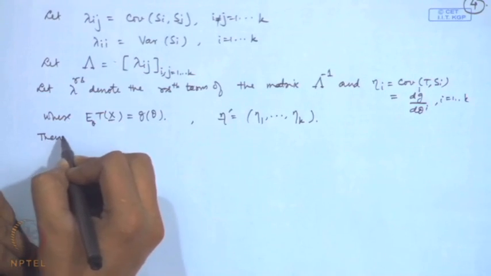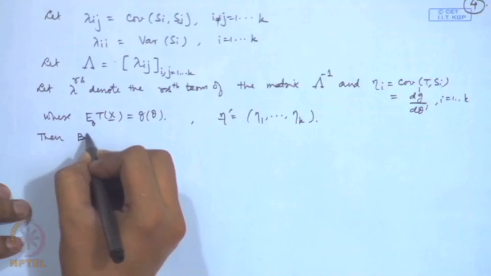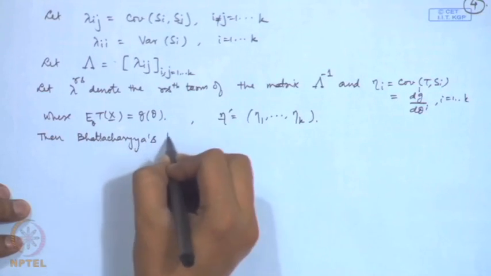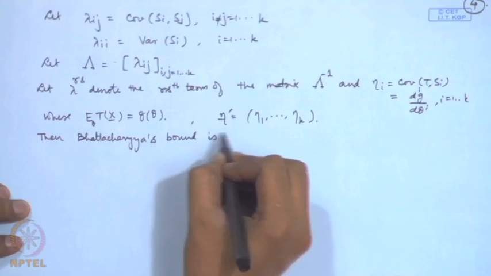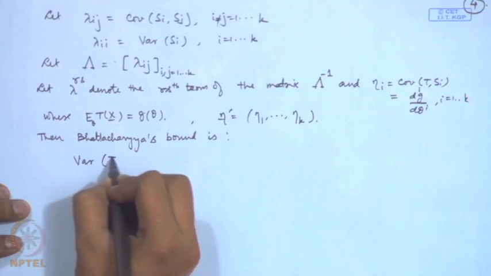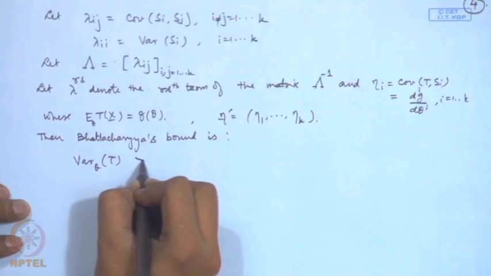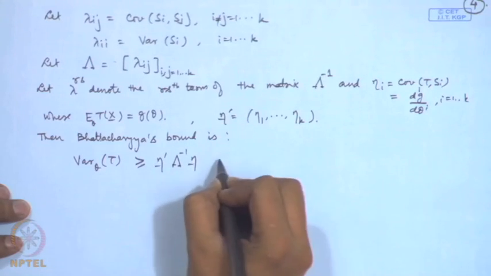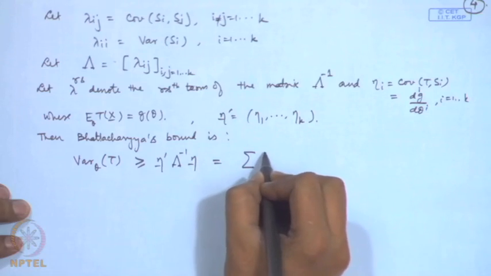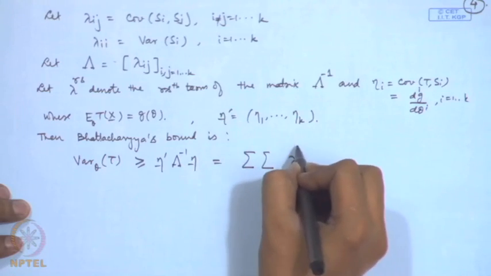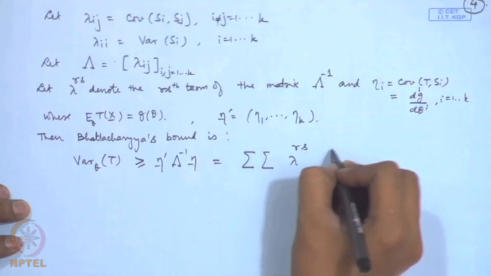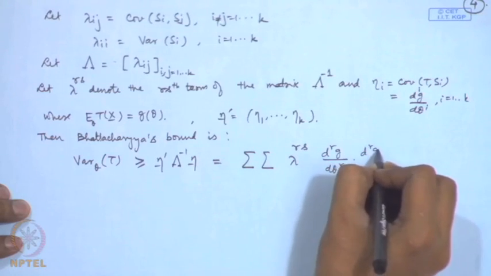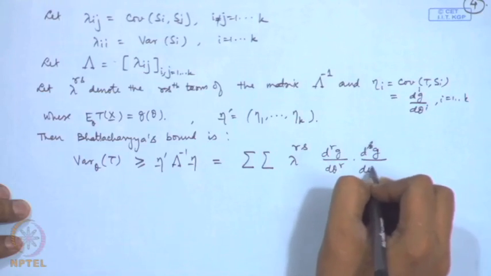Then Bhattacharya's bound is that the variance of T is greater than or equal to eta prime lambda inverse eta, which is nothing but the sum over r and s of lambda^{rs} d^r g by d theta^r times d^s g by d theta^s.